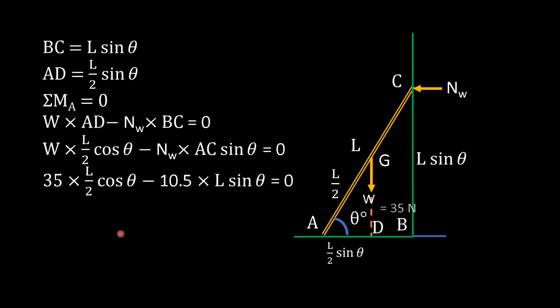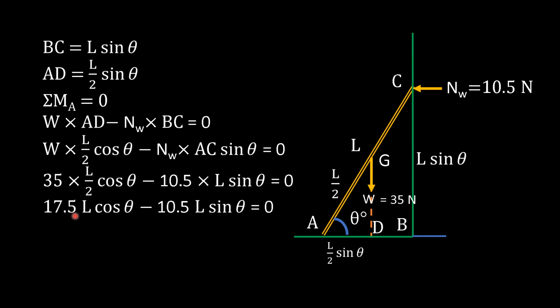W is 35 and NW is 10.5. So 35 divided by 2 will be 17.5 L cos theta minus 10.5 L sin theta equals 0.